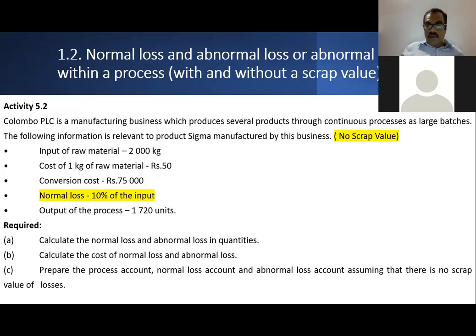So it means that it does not have any scrap value; you are not going to sell it. Practically, these things are sold for other products.